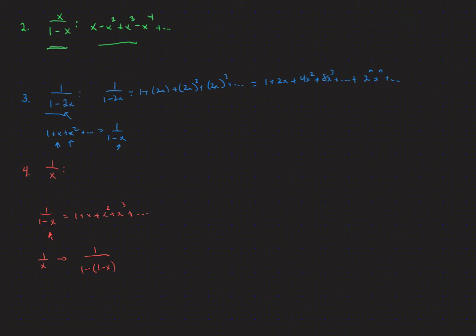So we can go to our series here, and where we see the x, we'll replace that by a 1 minus x. So that's going to become 1 plus 1 minus x plus 1 minus x squared plus 1 minus x cubed, on and on and on. Does that make sense? So you can see now, because of these powers, that this is going to be centered at whatever makes that equal to 0, at x equals 1.